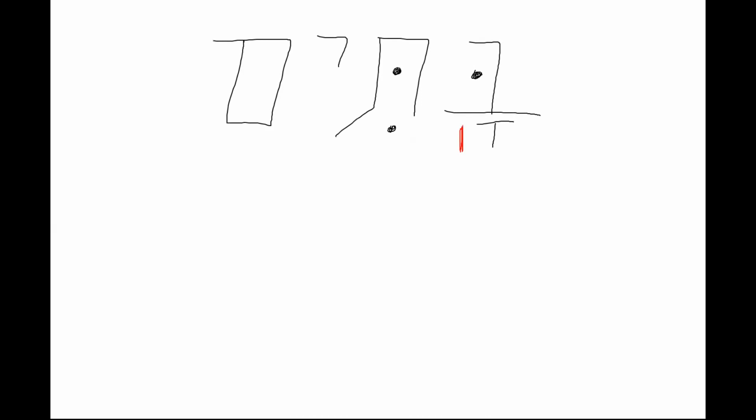A small symbol called a meteg may also be used to distinguish between qamets and qamets hatuf. The meteg is a small vertical line that is placed beneath a consonant and to the left of a vowel, as in the word batim. In this word, the meteg is the vertical line to the left of the qamets and under the bet.